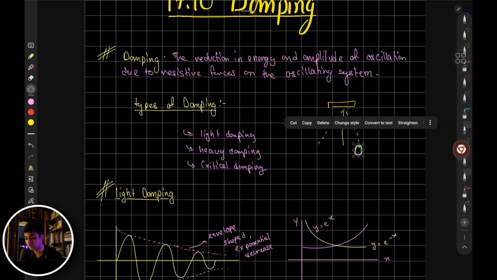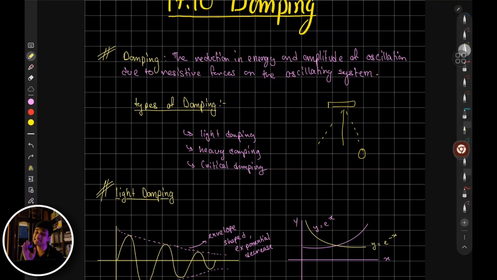So if the initial displacement or the maximum displacement is over here, and then it oscillates to this position and then oscillates to this position, if there is any sort of resistive force, let's say air resistance or resistance in this fixed point, or any sort of other external forces acting on the bob, there's going to be damping.